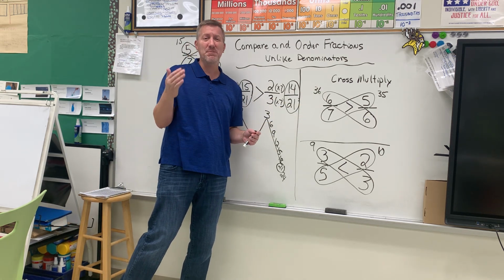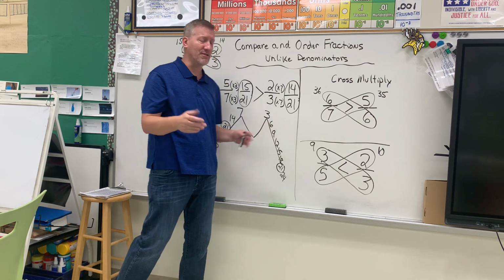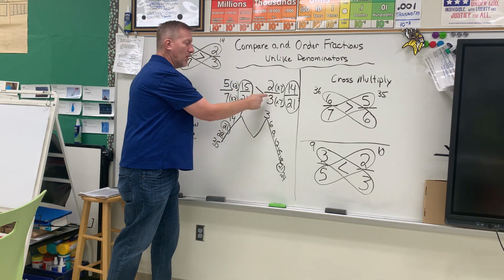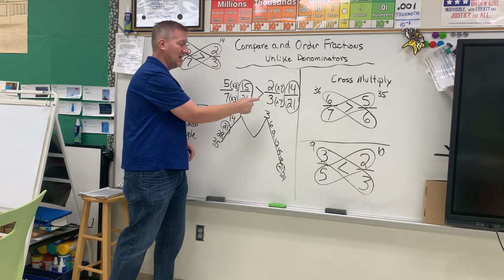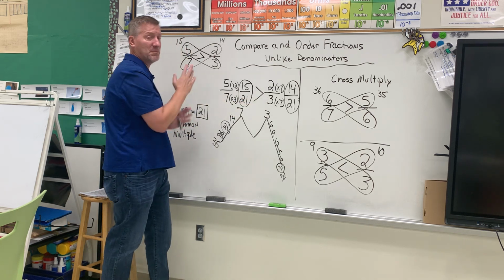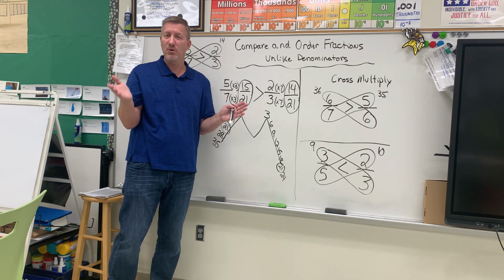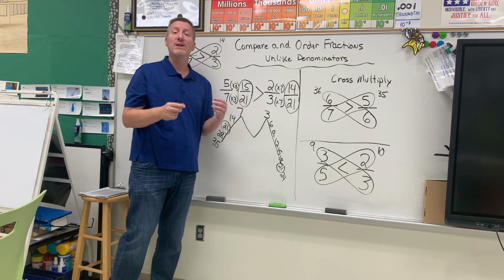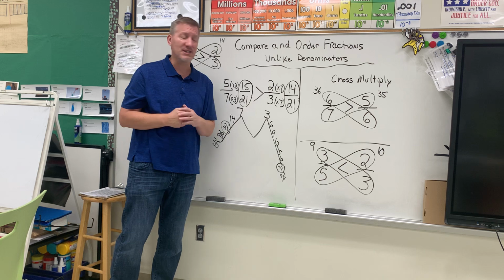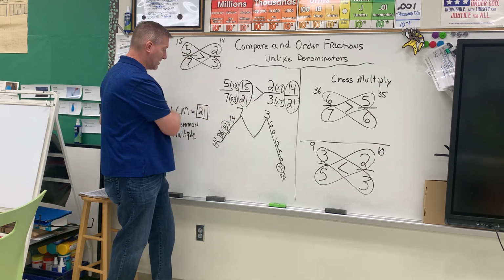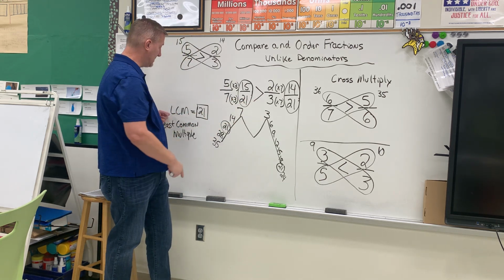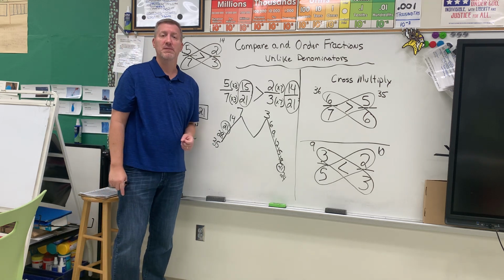Now, when you get up into 6th, 7th, 8th grade math, they give you more than 2 fractions. They give you 3, sometimes 4 fractions that you're comparing, and you have to put them in order. So when you get up to 3 and 4 fractions, this is the way that's going to work, using the least common multiple.